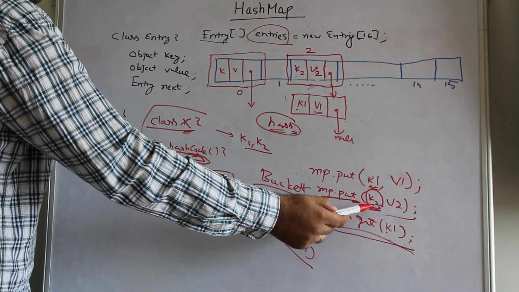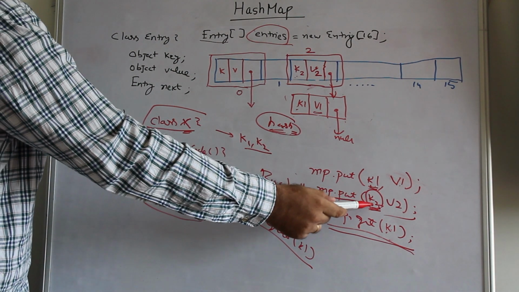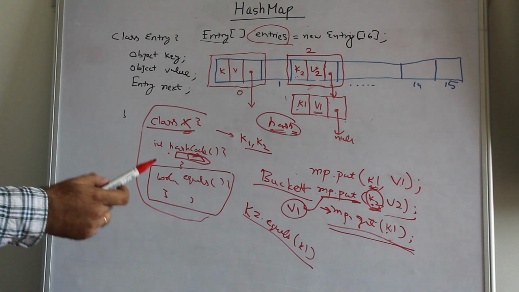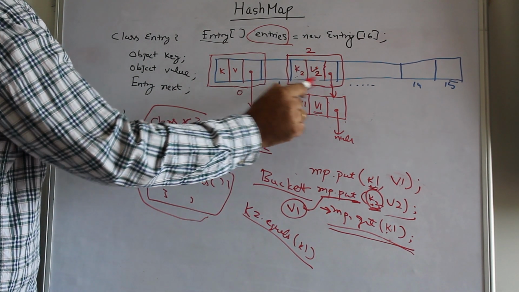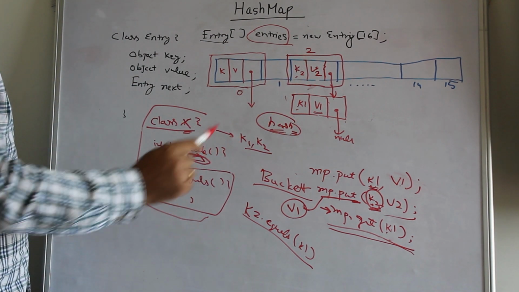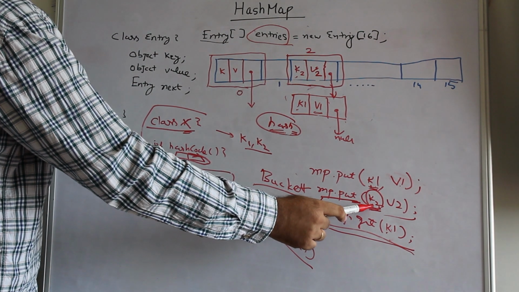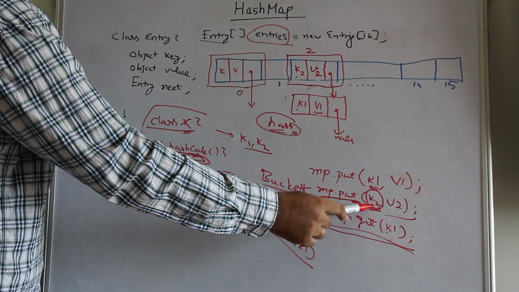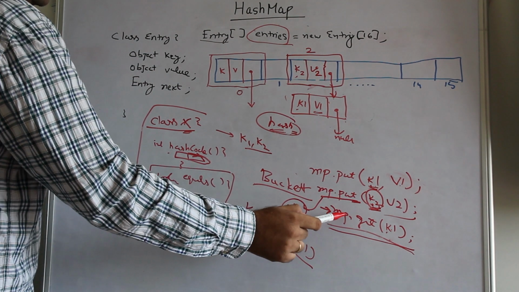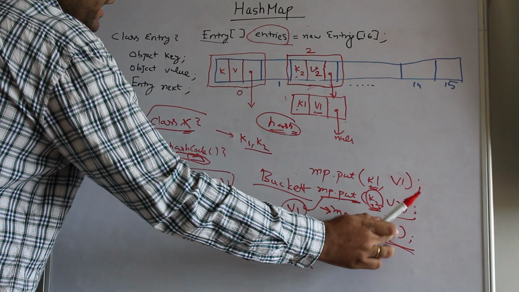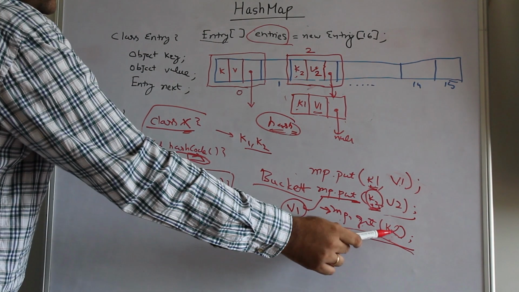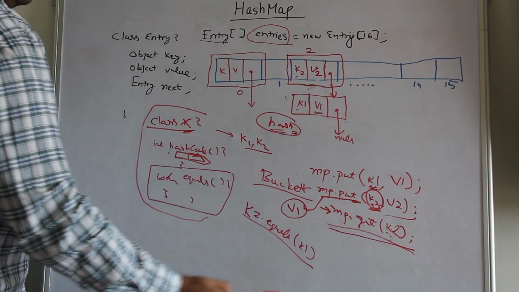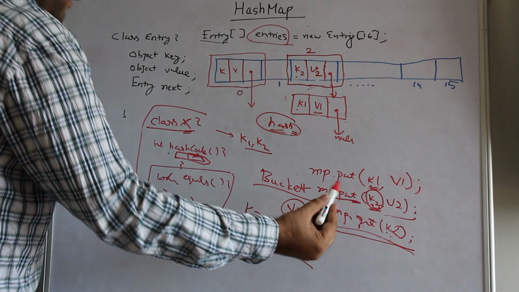So for example, you first put this k2 v2 pair and it goes to the second bucket. Now if you change this k2 object and set some value in it, and then say mp.get for k2, this get method again calls hashCode on k2.